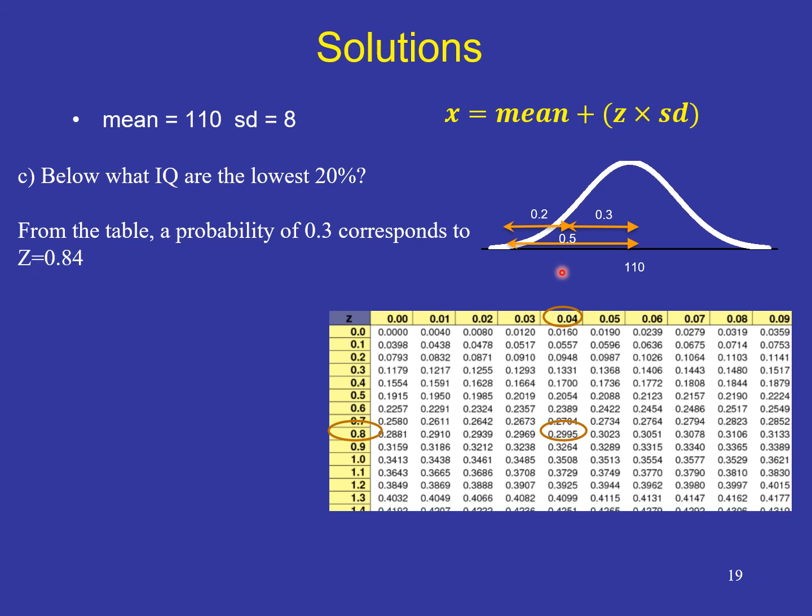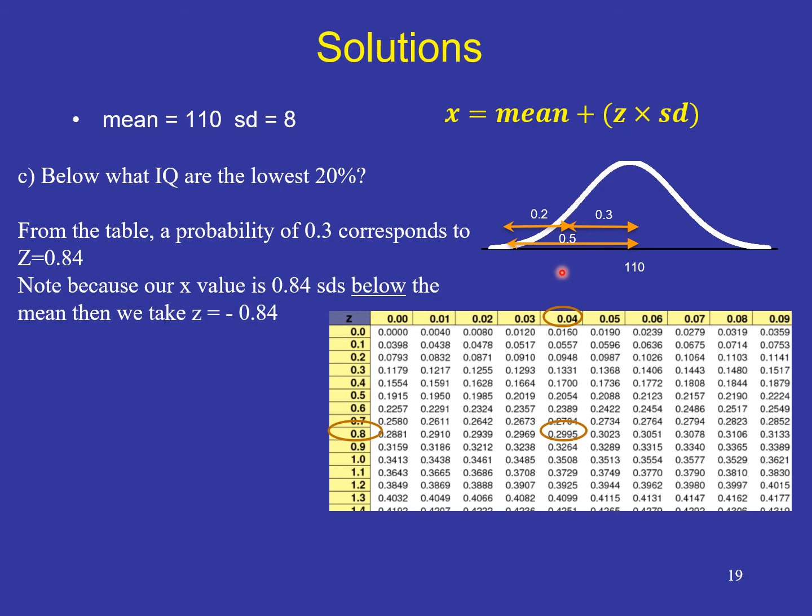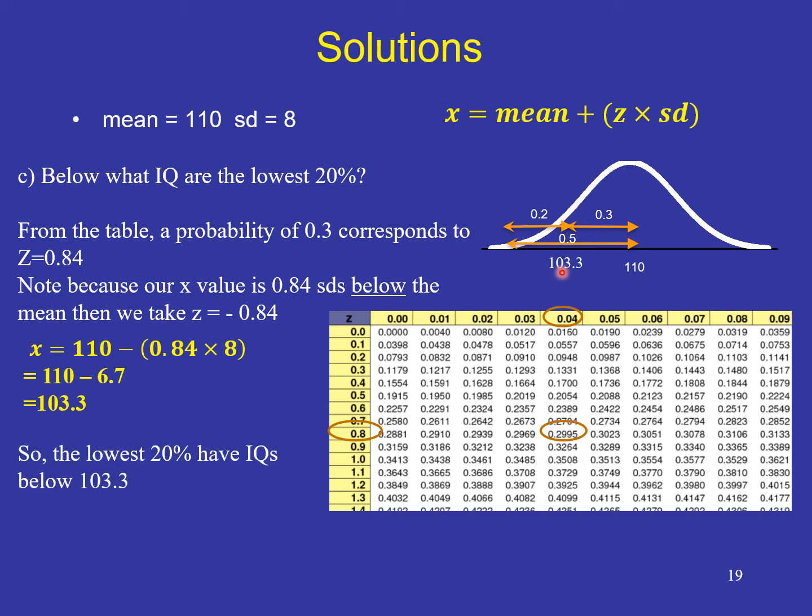That corresponds to Z equals 0.84. We stick it into our formula. But because we're going below the mean, remember we need to take away our Z. In other words, we have a minus 0.84. So we end up with 103.3. So the lowest 20% have IQs below 103.3.